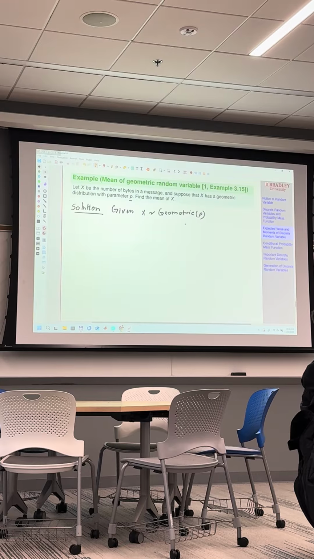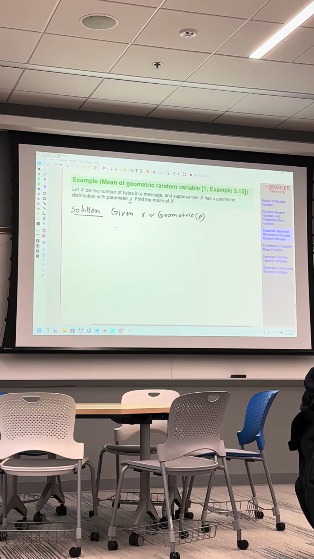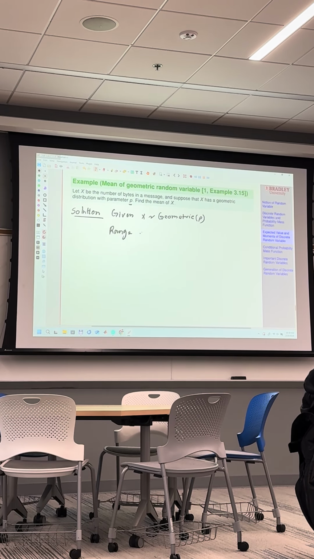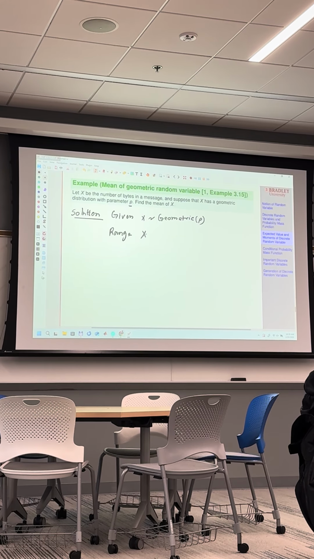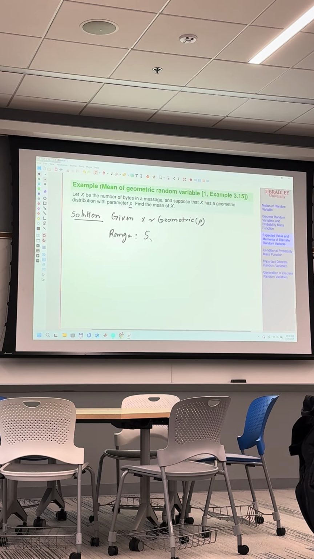Now x is a geometric random variable. What is the range? You remember the range of a geometric random variable x, which we denoted S_x.